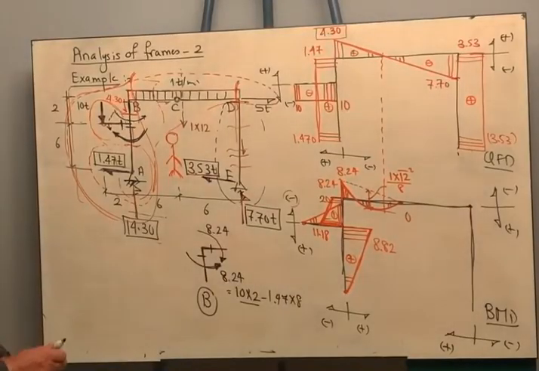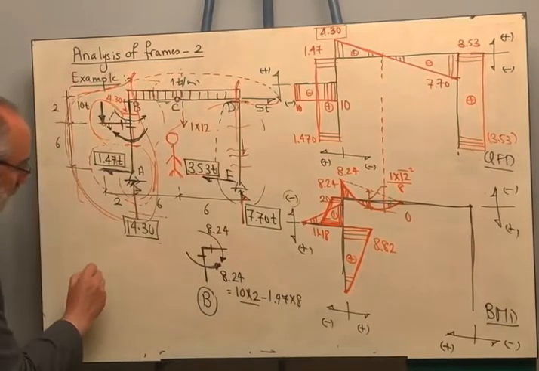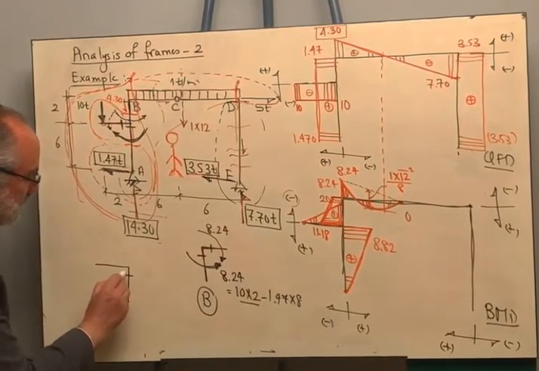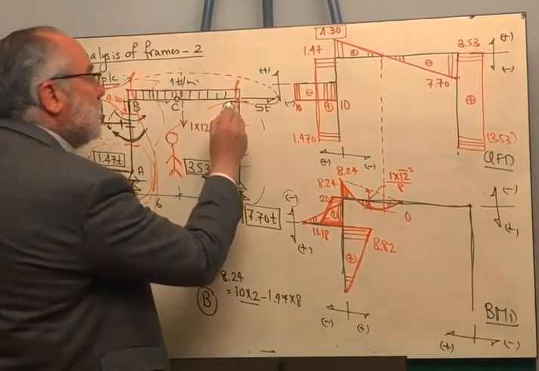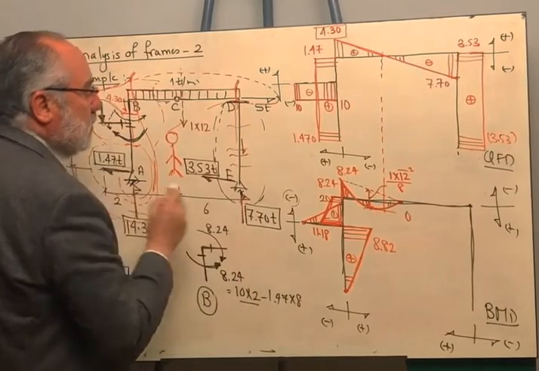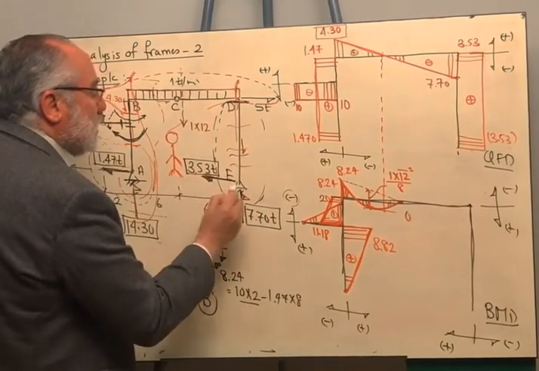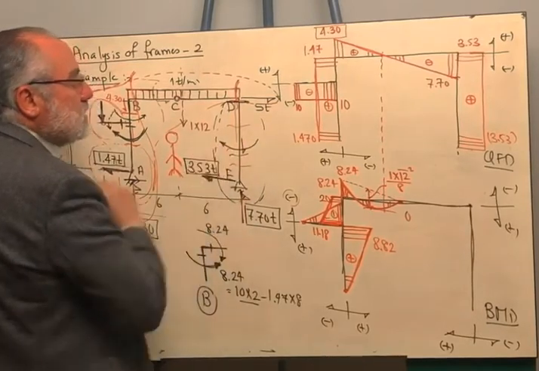Okay, we will take the equilibrium of joint D. Now, joint D is basically composed of 2 points. It is easier to get the bending moment at this section from the lower portion of the frame. You just have 3.53 multiplied by 8, so it will cause moment in this direction.